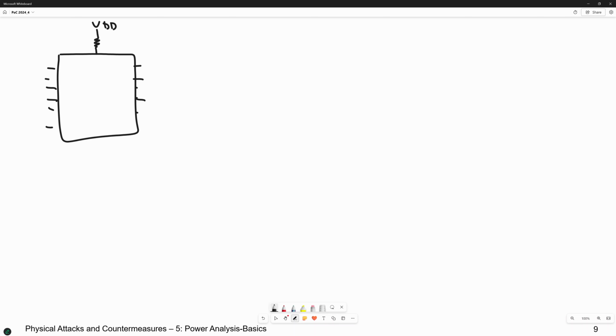What we said, we want to measure these two. It means that we connect these to our oscilloscope. Okay, imagine this is our oscilloscope.